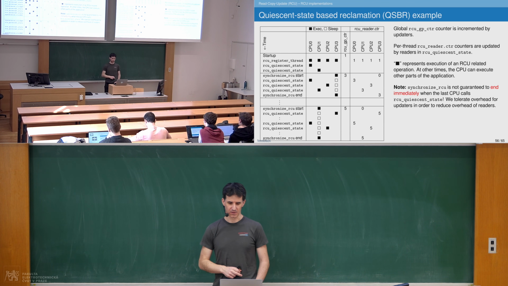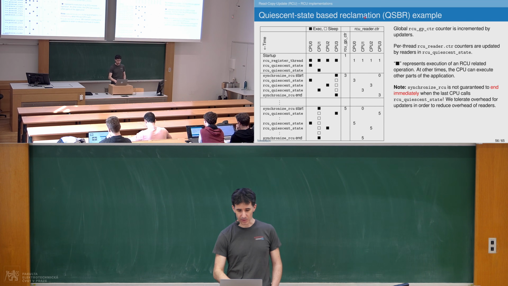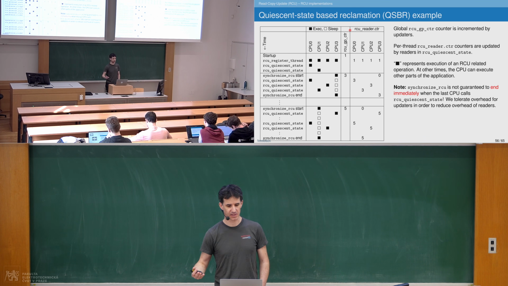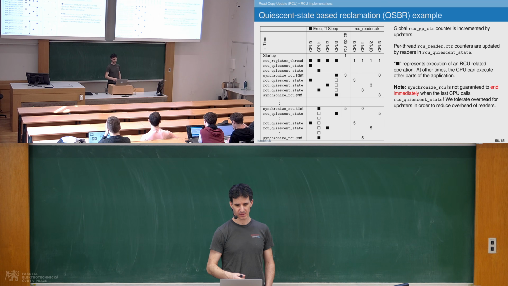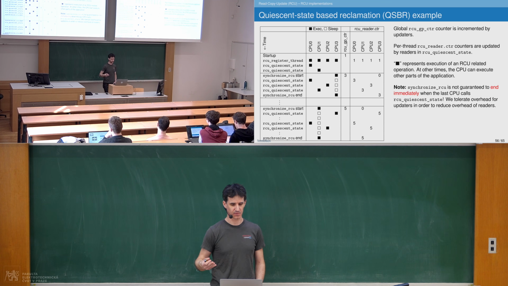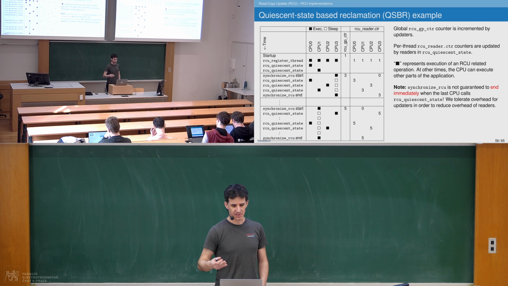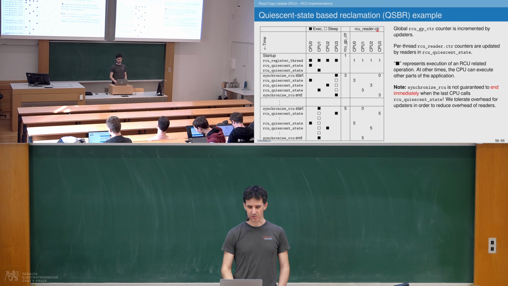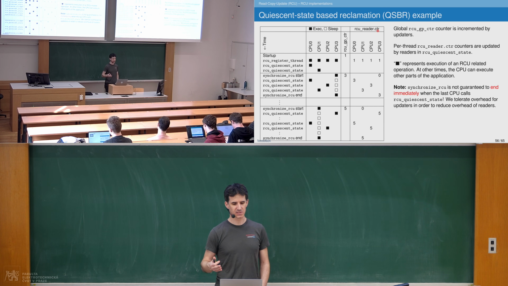So here is how it works. There are multiple threads which can either read or write, and each thread has a per thread counter. The thing is that this per thread counter is only updated by a single thread.